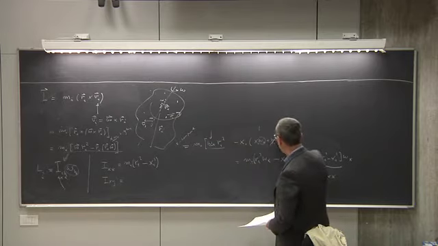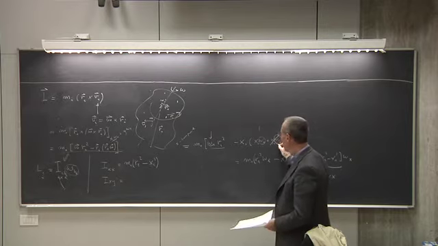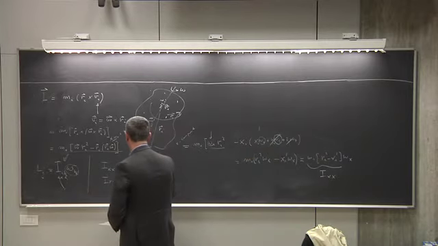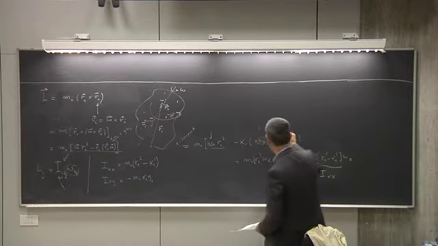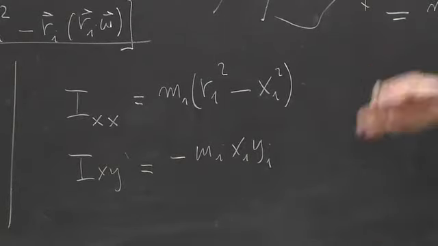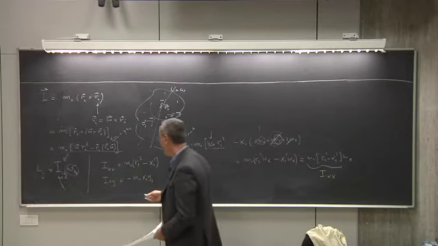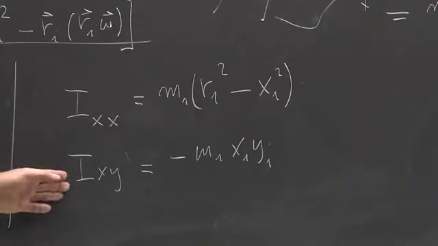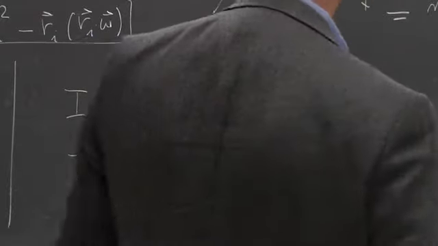But in here I do have a term that is proportional to omega y. So it's this one. It's actually simpler because it's just minus m_i x_i y_i. So it's only this term here. And you can keep on going. In fact, that's a good exercise, to derive all the components. So I'm writing this tensor component by component.